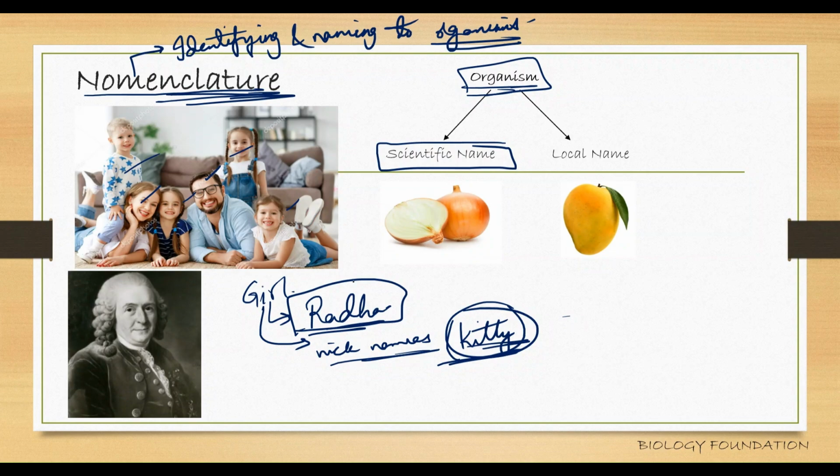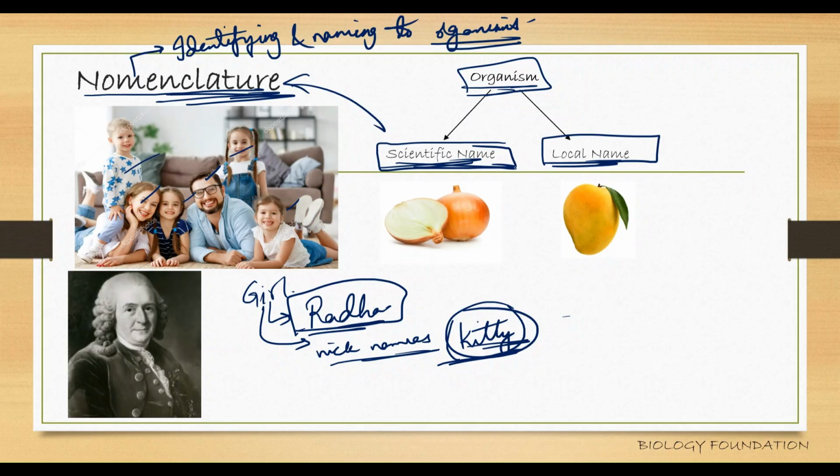In the same way, organisms have two names, scientific names and local names. The scientific name is the name given during this process of nomenclature, that means during the process of identification of the organism. And then you have the local names. Local names means each organism has a name according to the region.